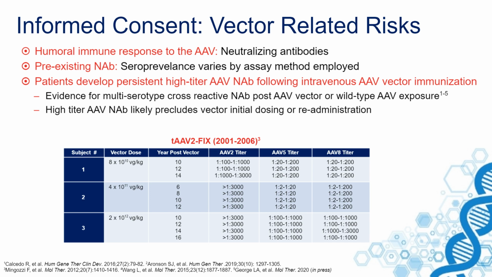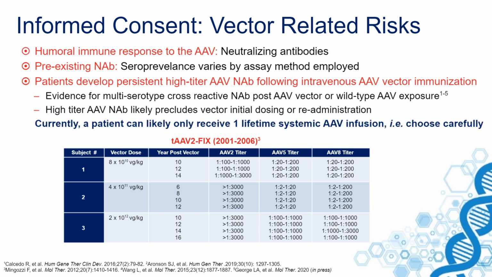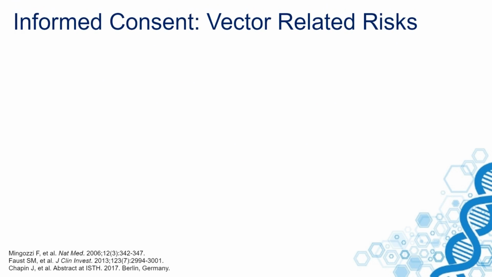What this effectively means, the current state of science anyways, is that patients can only receive one lifetime systemic AAV vector infusion, which is both the goal, but also appears to be compulsory. So from the standpoint of the physician, that means to choose very wisely what vector you choose to recommend for a patient. And then the second aspect of what's known about the immune response to AAV has to do with the cellular immune response.